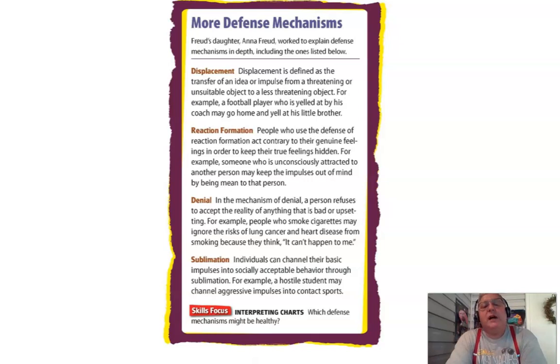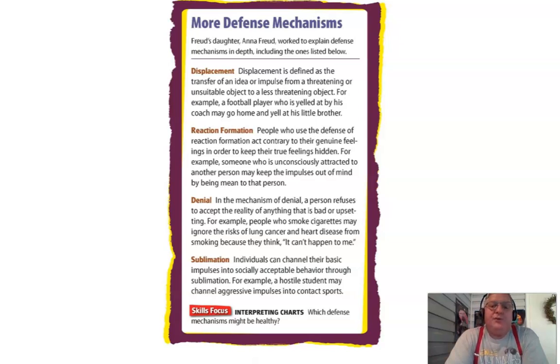And we see this all the time in politics, where people lose their jobs and they blame China or something like that. So that kind of thing is how we frequently displace it, or we blame an ethnic group.